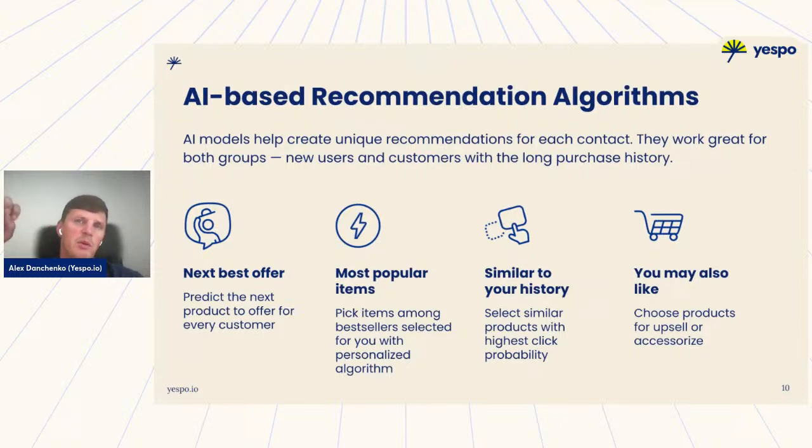And this array could be used as a block in email, on the website, or mobile app, or we can pick top 5, top 3, and any other number depending on the particular type of communication we expect to have. The next algorithm is most popular items.